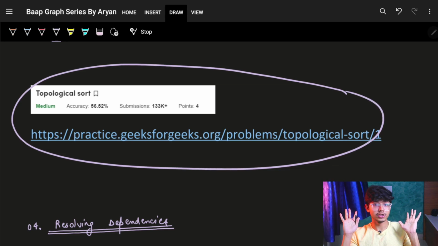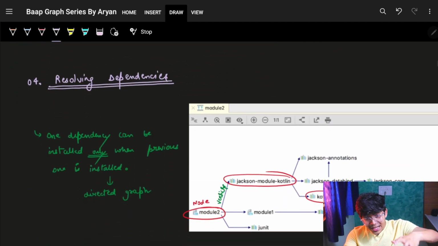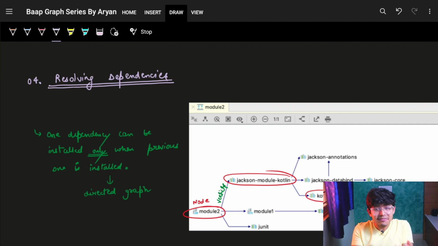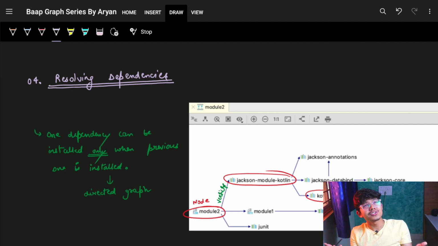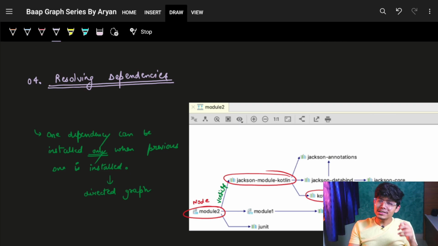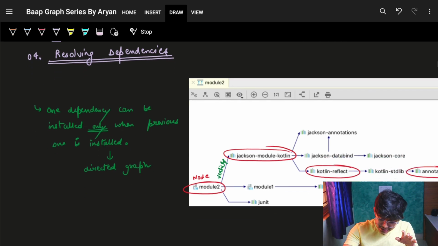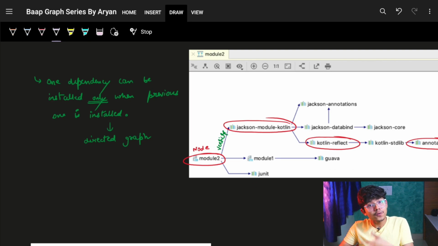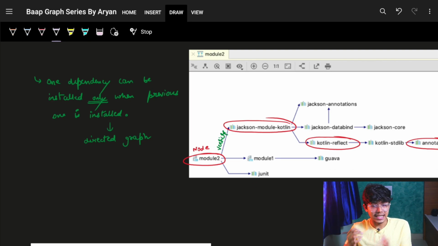Now, before actually starting with this word itself, topological sort, what does that mean? We will get to it later, but what is the use of it? It is used when you have to perform your tasks in an order.